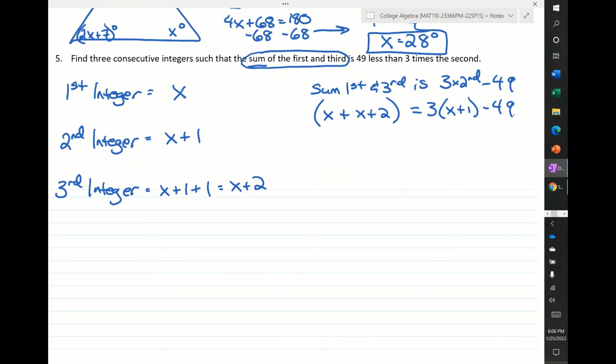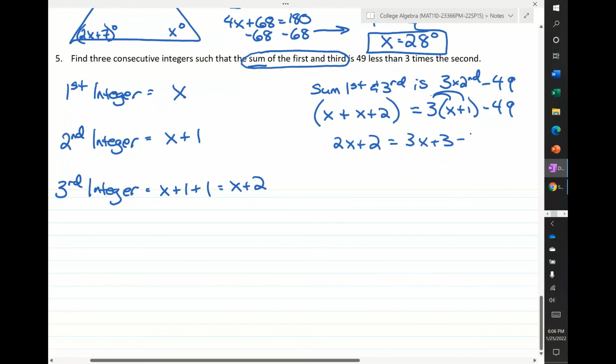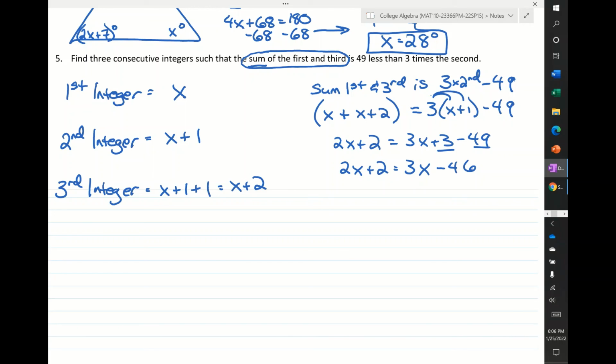I'll do it anyway, but what we're going to do is combine like terms. x plus x is 2x. 3 times x, 3 times 1 is just 3x plus 3. We'll combine our like terms. So 3 minus 49 is negative 46. The x is on the same side.